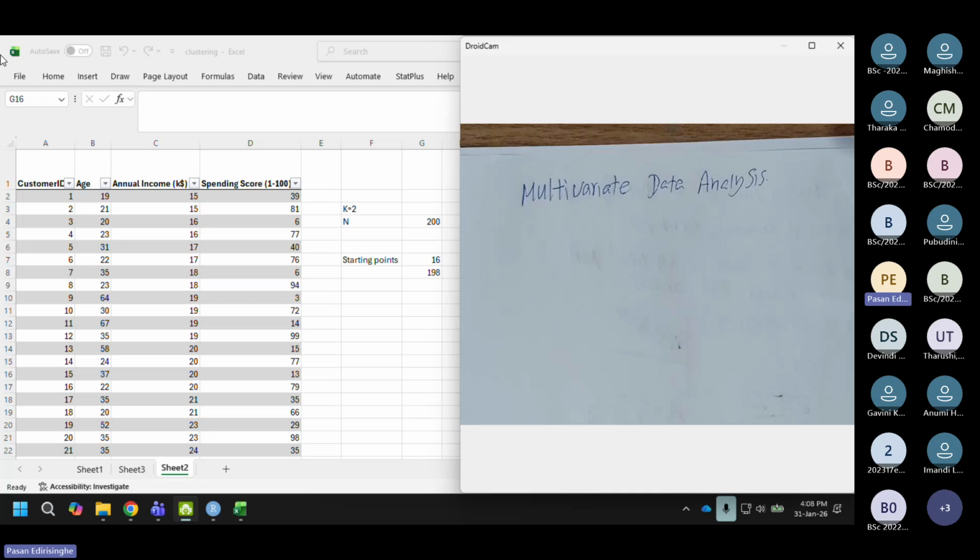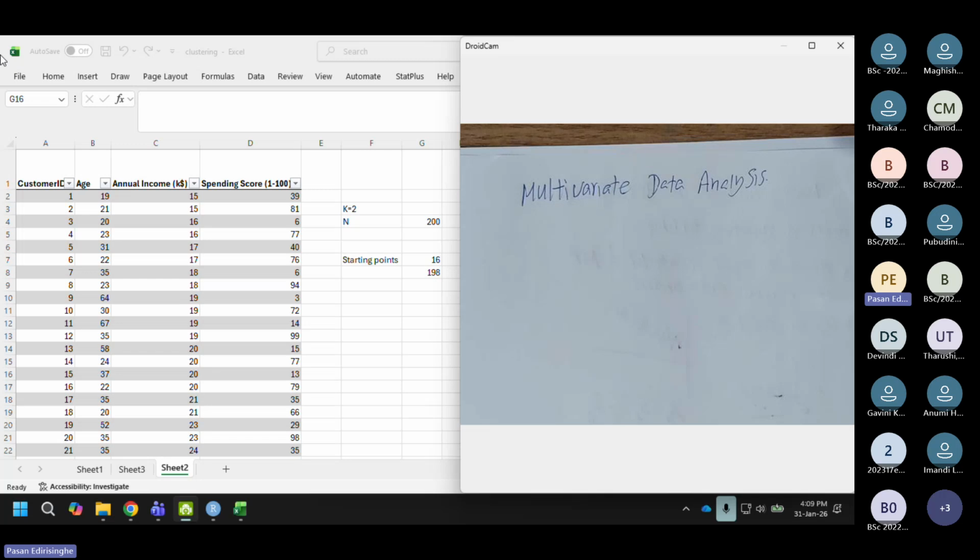Especially, we are not worrying too much about the variability of our x variables and so on, right? So we are ignoring some of the details there. To avoid that type of loss of data, we can identify some other techniques we can apply. One of those techniques is multivariate data analysis.